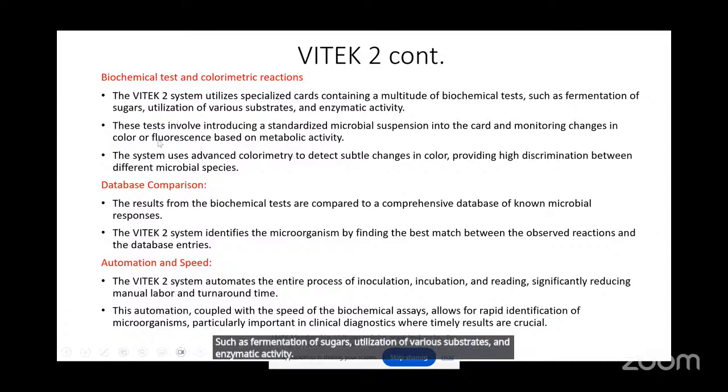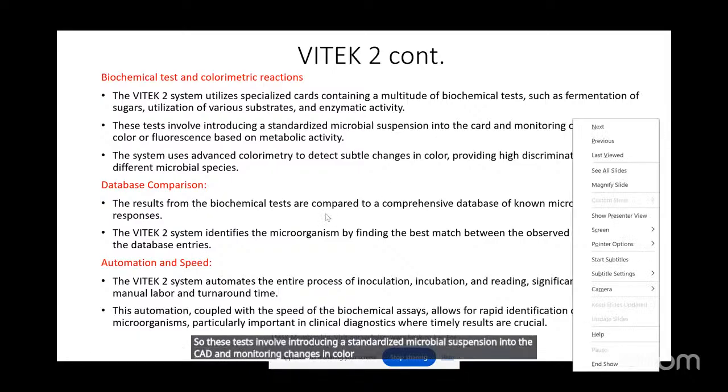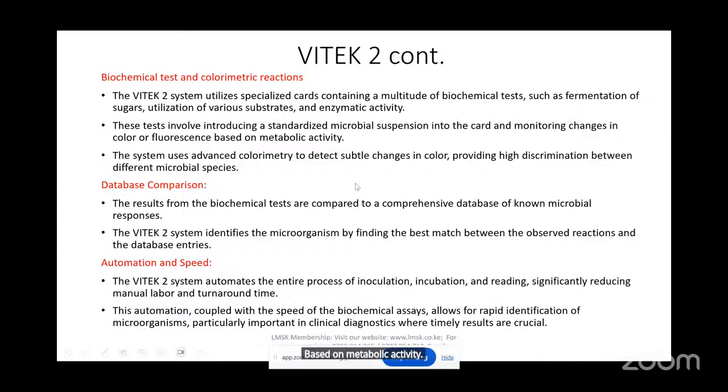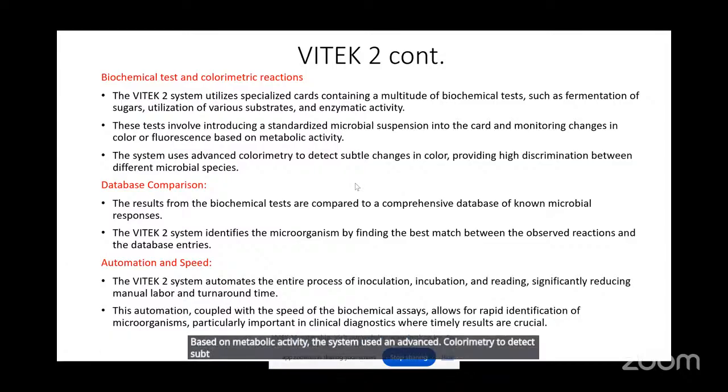These tests involve introducing a standardized microbial suspension into the card and monitoring changes in color or fluorescence based on metabolic activity. The system uses advanced colorimetry to detect subtle changes in color, providing high discrimination between different microbial species.